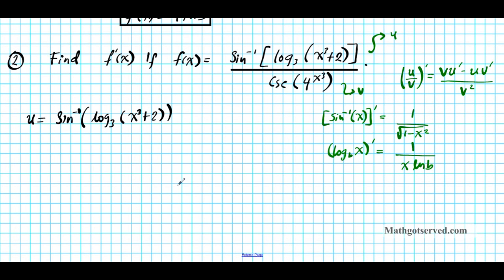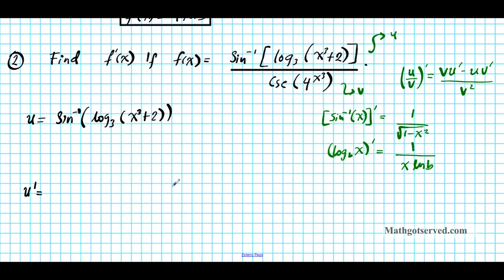Let's take a look at u prime. We're going to start with inverse sine. So when we're doing inverse sine, log base 3 of x to the third plus 2 is going to be our u. We're going to leave that fixed and then just differentiate the outside. Let's use this formula right here.